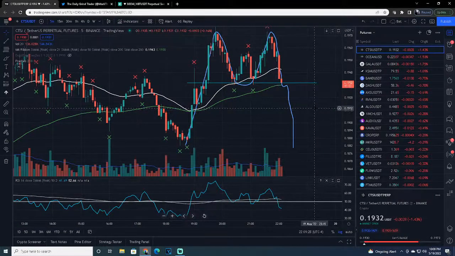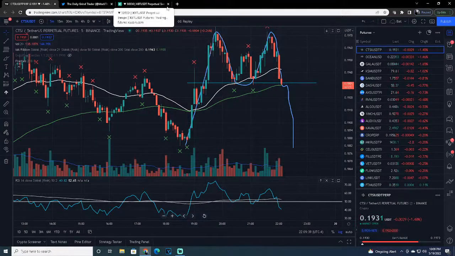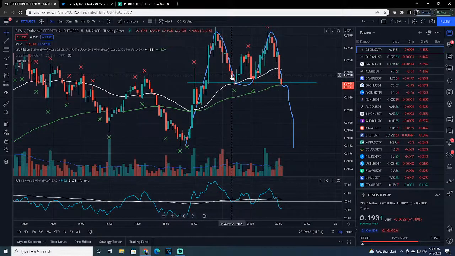And we will see if we get a break on this double top pattern. CTSI. What I might do to stop switching tabs is I'll probably start entering the trades on my phone, just so I don't have to keep switching tabs so often.